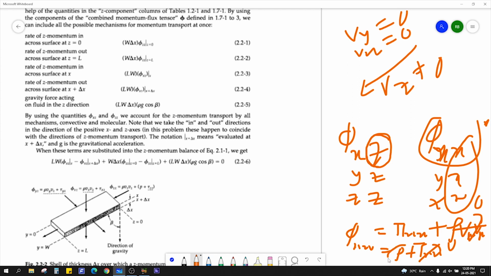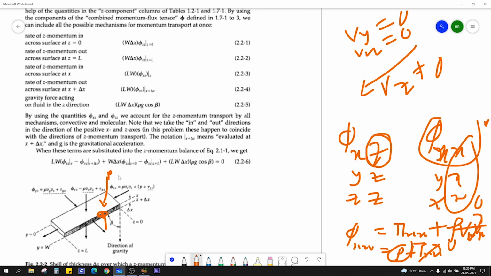Regarding this pressure, where is the pressure coming from? Pressure is coming from the atmospheric pressure P here at the top, and at the bottom the pressure will be this plus the pressure of the fluid. The fluid above is exerting some pressure on the surface. The weight of the fluid will be applying pressure.